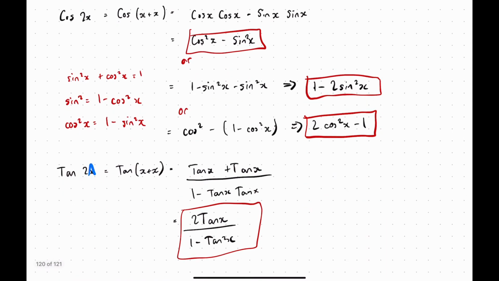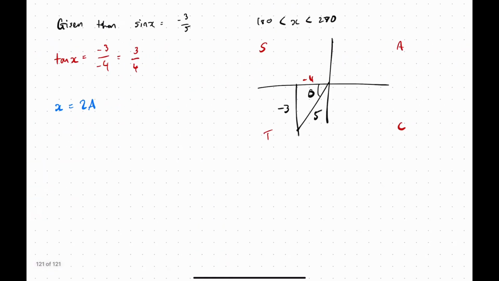Okay, maybe this is why they've used a in the book, but it's the same idea. So it's 2 tan a over 1 minus tan squared a. Okay, so if you consider x is 2a, that means that I can replace in my 2 tan a over 1 minus tan squared a.